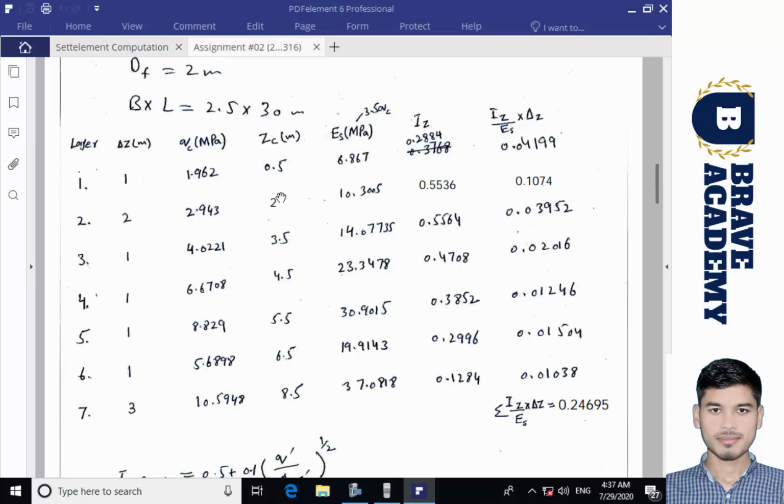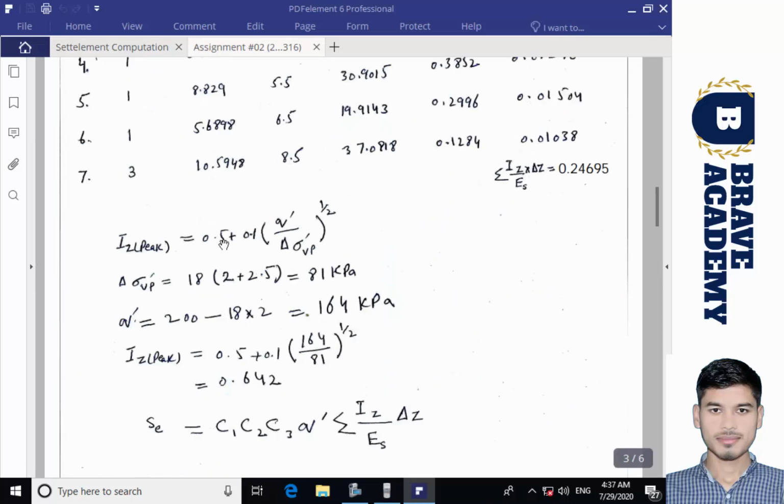So first we will compute Iz peak. Iz peak equals 0.5 plus 0.1 times (q prime over delta sigma prime Vp) to the power 1 by 2. You can see here delta sigma prime Vp equals 18 into (2 plus 2.5), equal to 81 kPa.